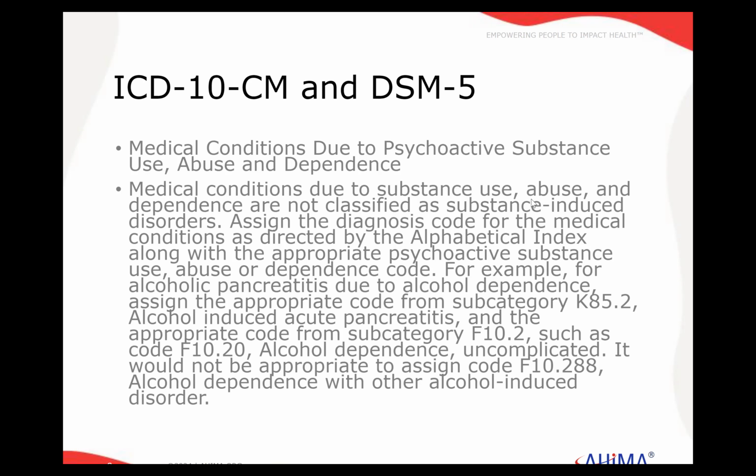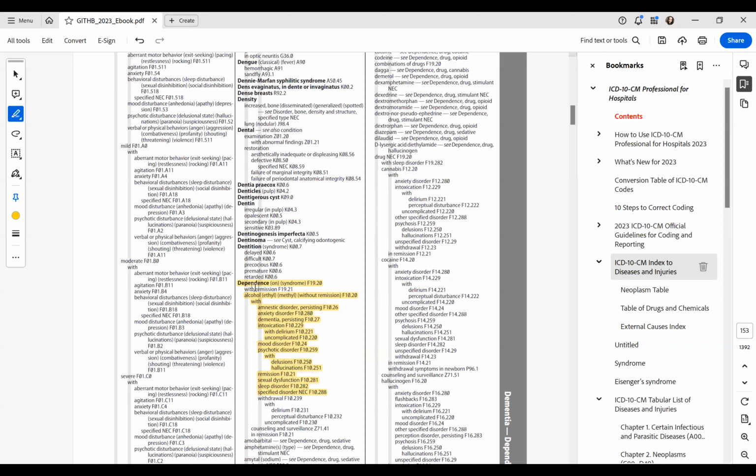Let's take a look at some of the things that we'll see with the main term of dependence. As you can see here, we have a main term of dependence in bold, and then we have alcohol, and everything that follows F10.20 in terms of with, are all the other things that can come with alcohol dependence. You can have anxiety disorder, dementia, intoxication with delirium, all these different types of things.